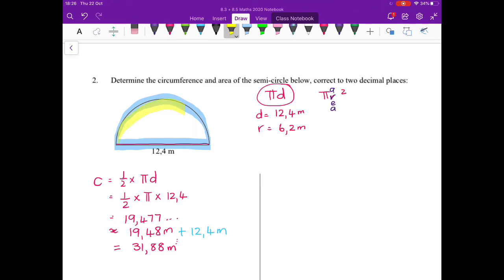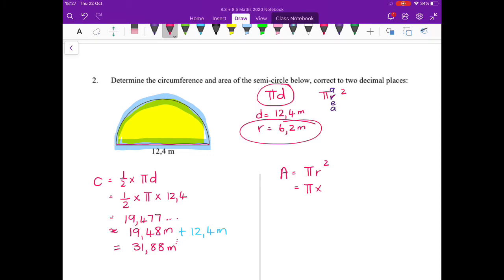Right, now I've found my circumference. I now have to find the area, so everything enclosed by the outer edge. So area equals pi r squared. So my area is going to equal pi times r.